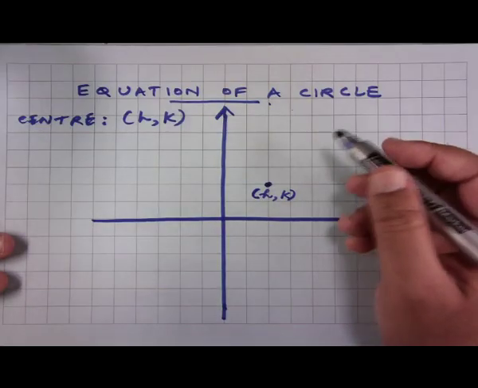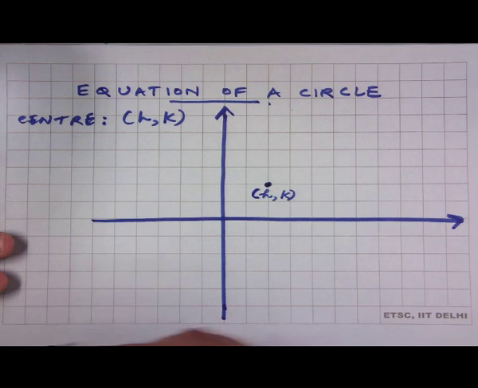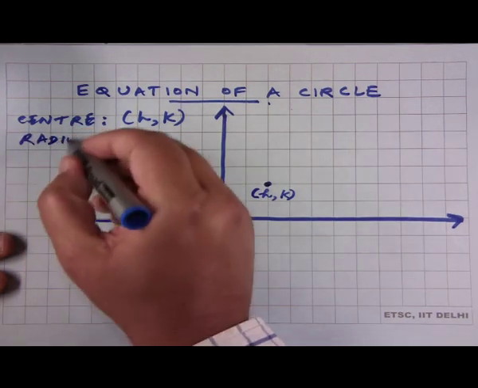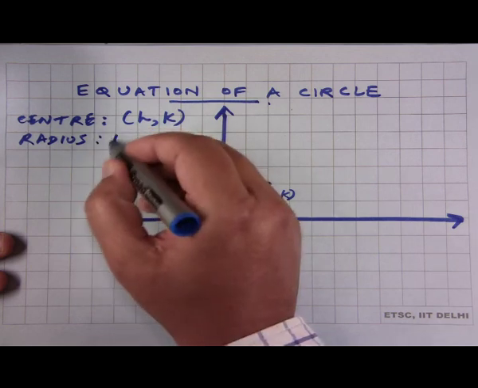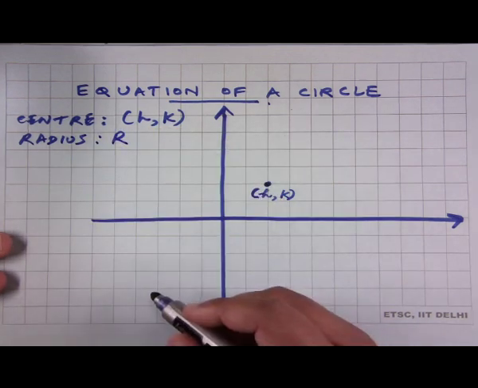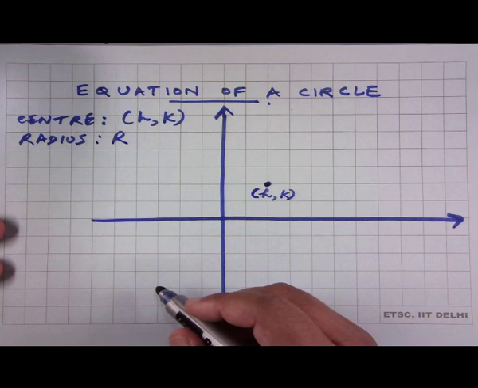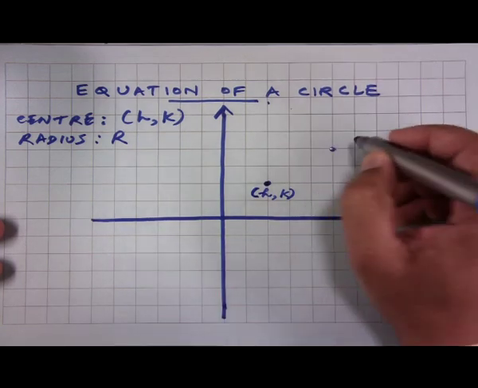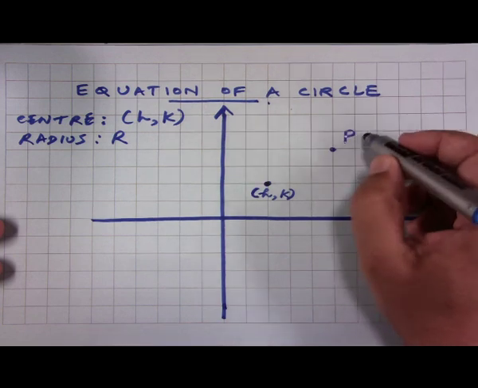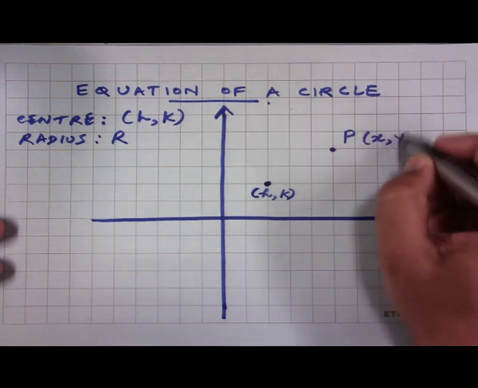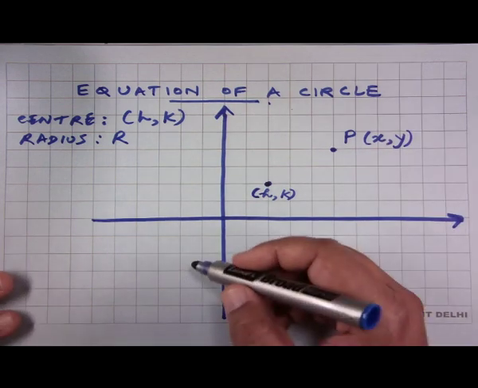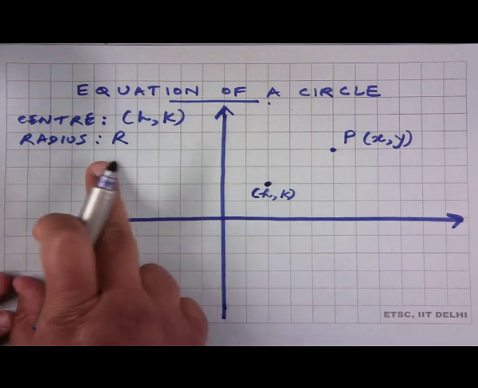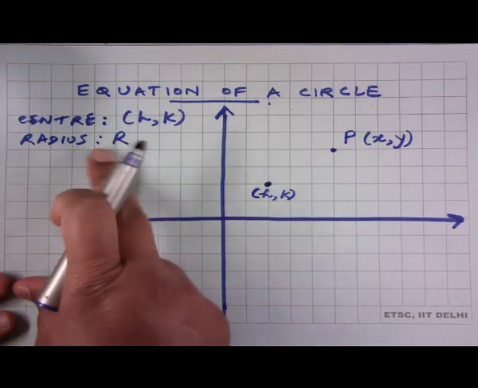And let us say that the radius is r. Now, suppose there is a point P whose coordinates are x and y, and let us say that P lies on the circle having center h k and radius r.